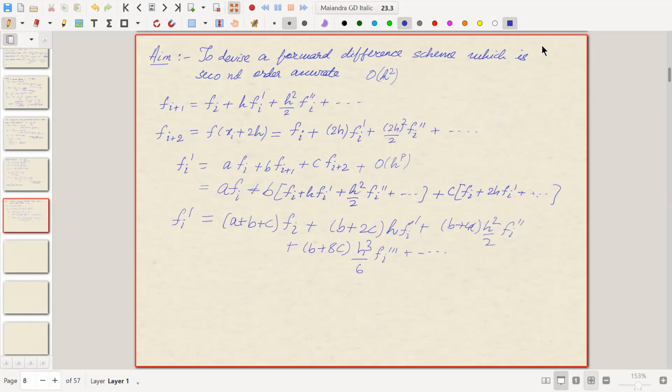It hints to us, it cries to us, that we should set A plus B plus C equal to 0, so that the f i terms go to 0. Also we want to set the term for f i double prime to be 0, because f i prime is here. That means B plus 4C times h square by 2 equals 0. But we want this f i prime, and we have a coefficient here, B plus 2C h.